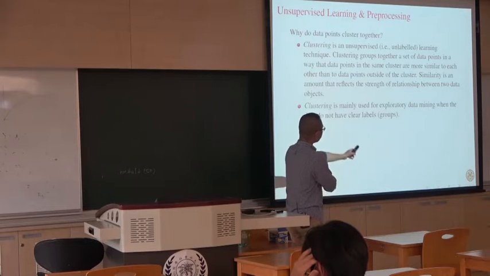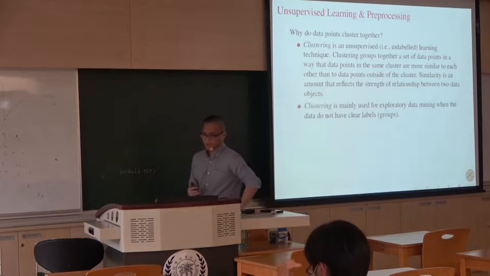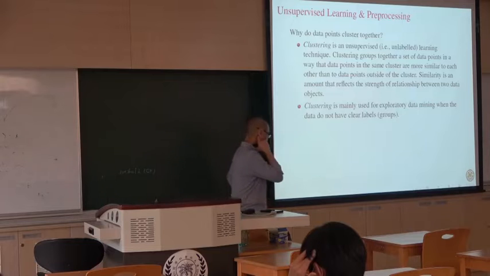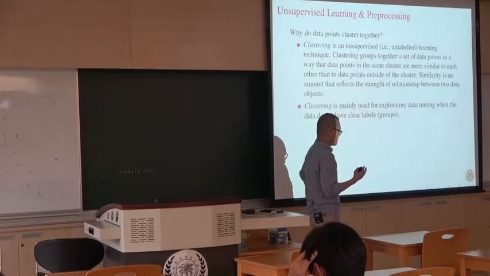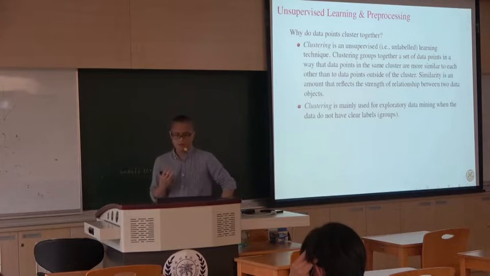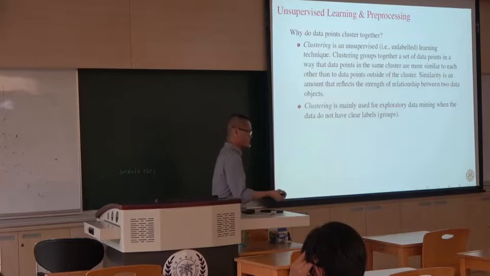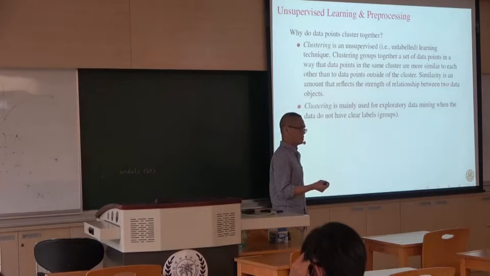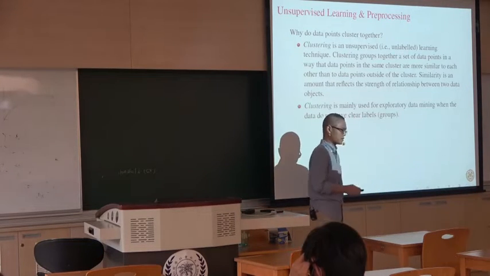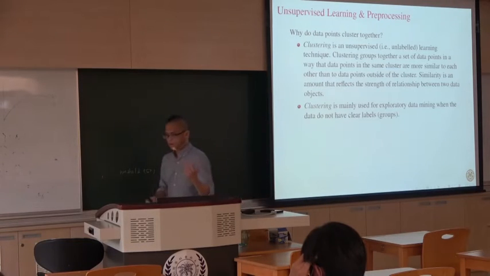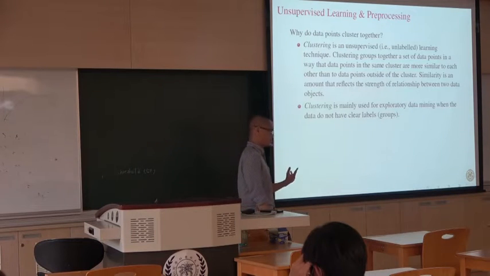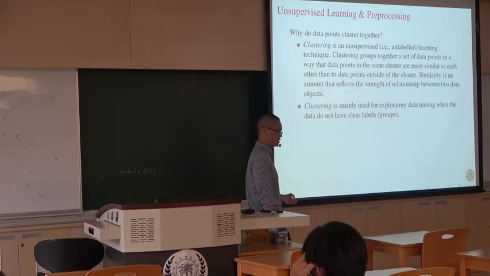So it's fair to say that similarity in itself is a quantity, or simply quantifiable information, that reflects the strength of association, or the strength of relationship, between any data points. If two data points are closer together, then they probably share a stronger relationship than data points outside of it.